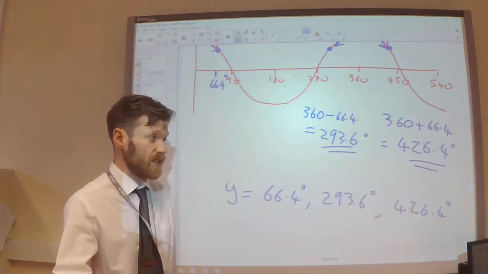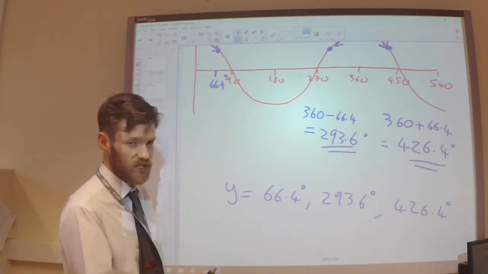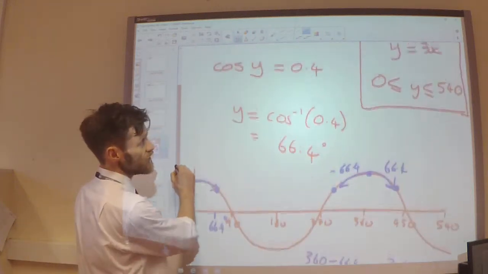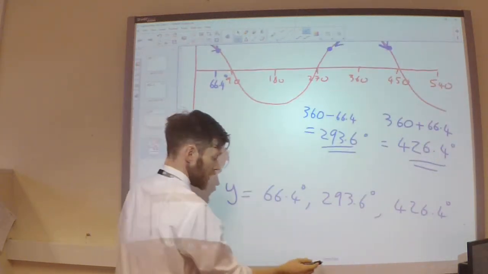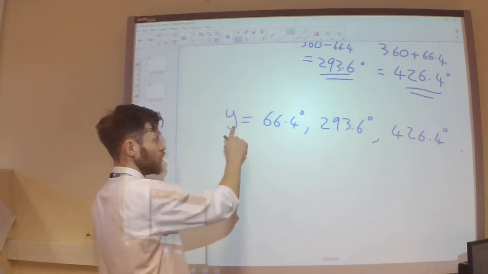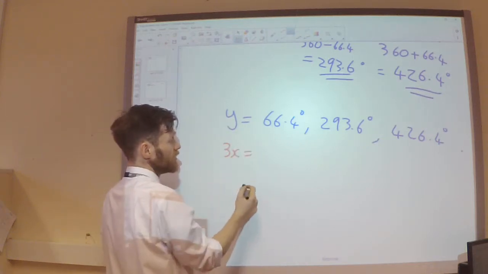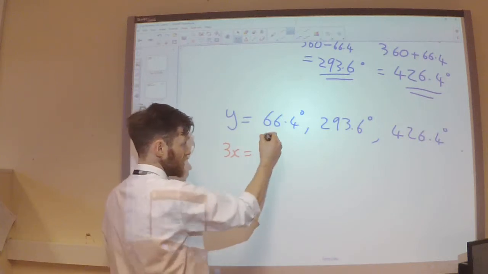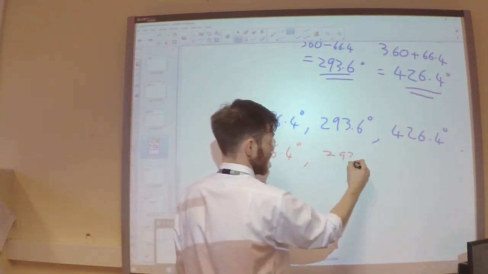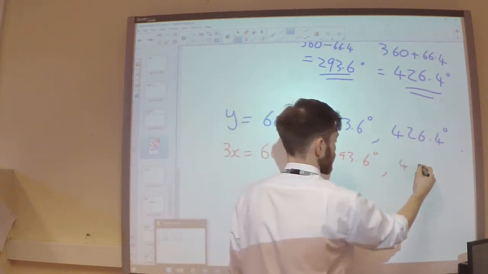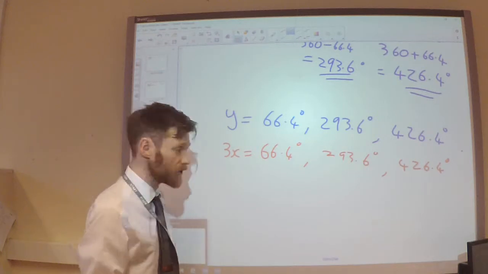But I wanted to find 3 solutions for x, not for y. The question asked me to solve the equation for x. So, I know that y is actually equal to 3x. That was the substitution that I made. So all of these answers here are equal to 3x.